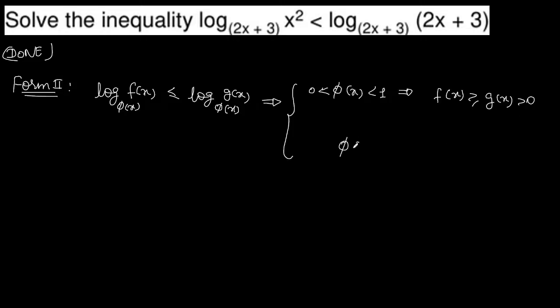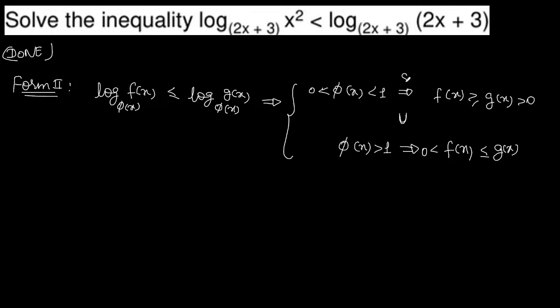Second one, phi x is bigger than 1, implies fx is less than equal to gx and fx should be bigger than 0. So we have to take the union of both the x.